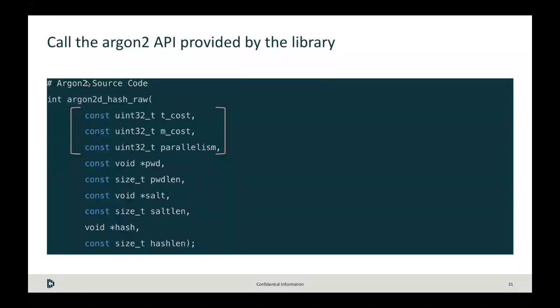And the third parameter, the parallelism degree, defines the number of parallel threads. Therefore, we can see it is not only constrained on execution time, but also takes the hardware condition into consideration, which will provide better defense against special parallel hardware.